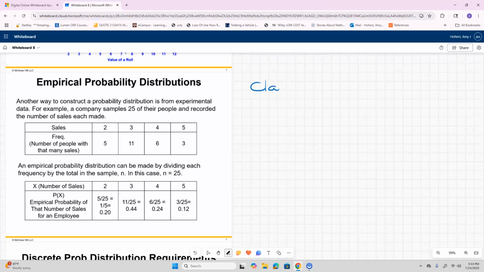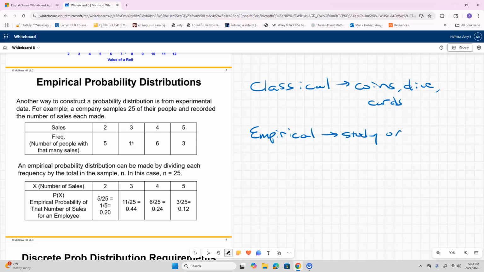So classical, if you remember, was coins, dice, cards, etc. But if we have data that's from a study or research, then that's called empirical data. And you can make probability distributions with empirical data just like you can with classical data.